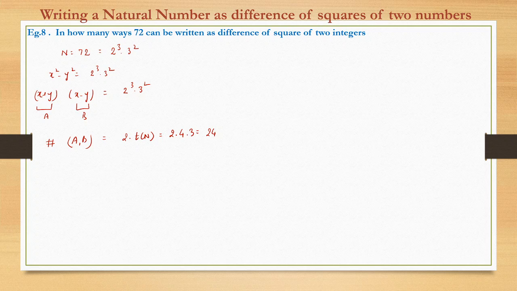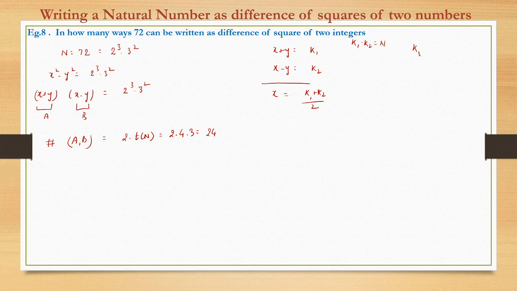But let us check whether 24 solutions are feasible or not. For that, we know that x plus y is equal to k1, x minus y is equal to k2, where k1 and k2 are factors of the number n such that k1 into k2 is equal to n. So by adding, we get x is equal to (k1 plus k2) by 2.